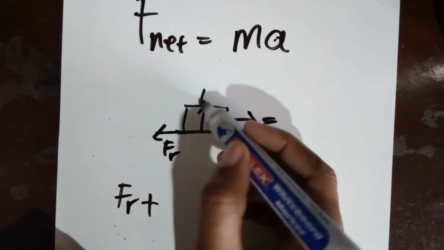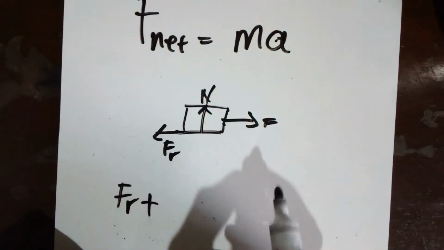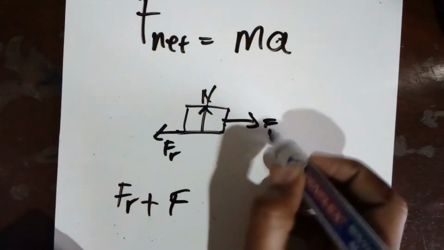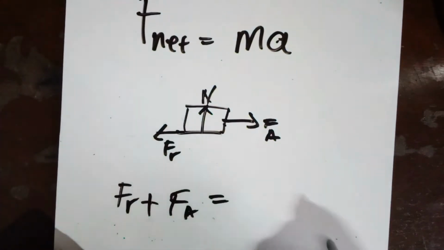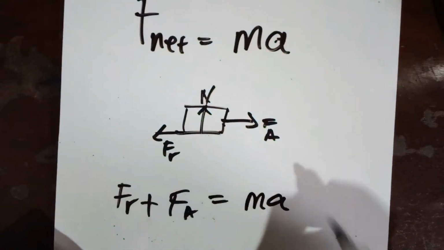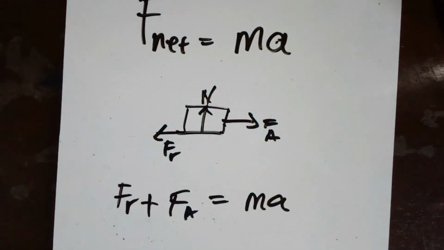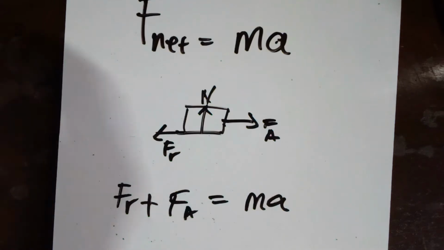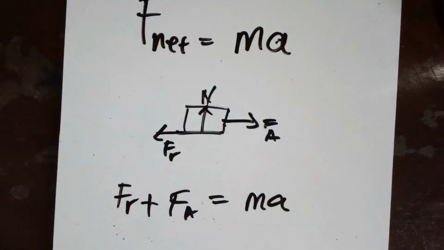The normal force is in the y direction, so let me not include it. You have to add all their individual effects, so it's like the vector sum of all the forces acting on the object.